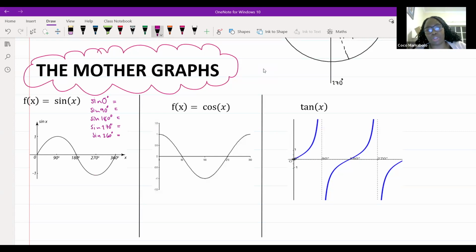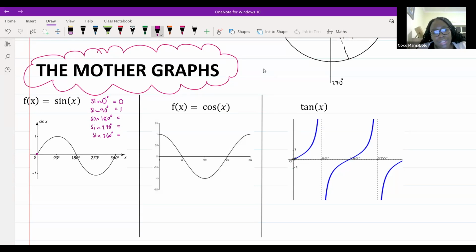All right, peeps, let's have a look here. If we punch this into our calculators, sine of 0 is going to give me 0. And now you'll note that on my stretched out Cartesian plane, at 0 degrees, I'm at the point 0. Sine of 90 gives me the value 1.